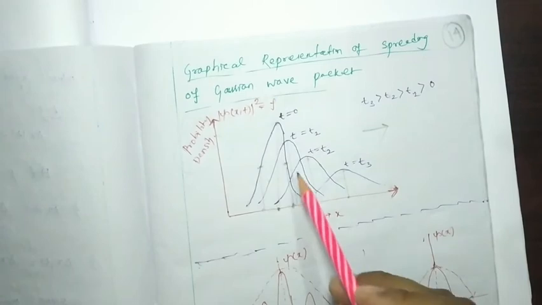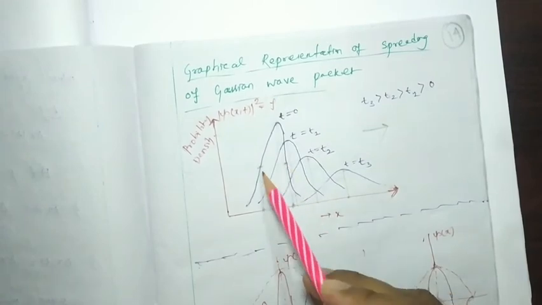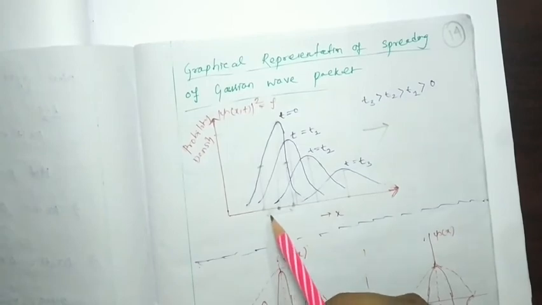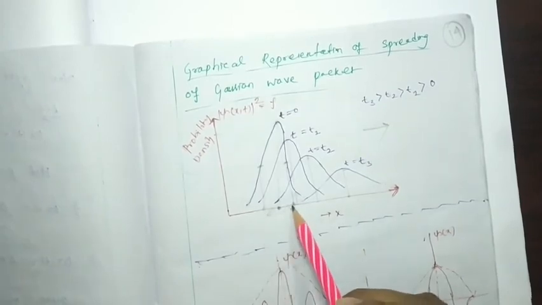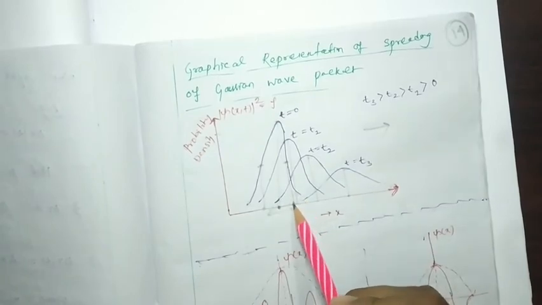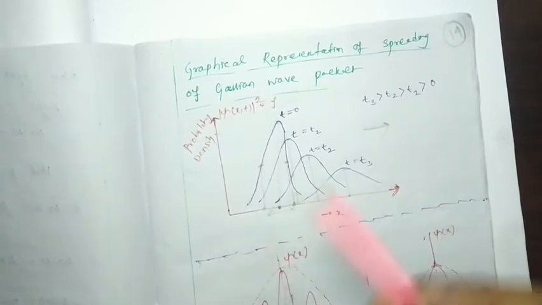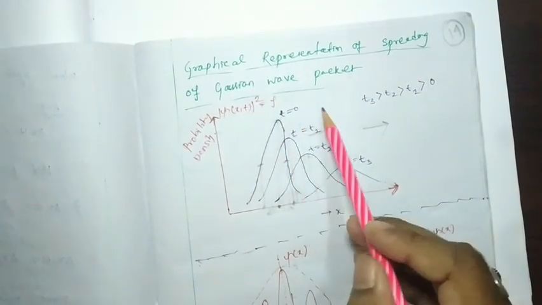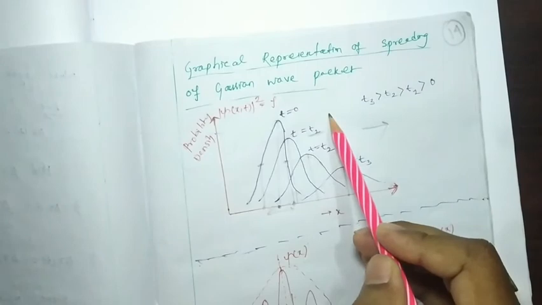So at this point 37%, at this point 37%. This is the width of the wave packet between the two reference points where the probability density is 37%. Carefully listen. But after time t1, the peak is moved somewhat to the right.